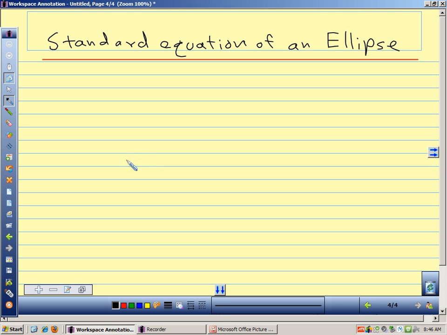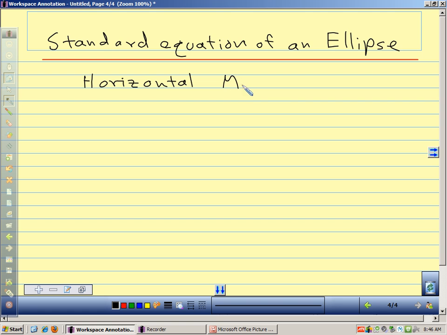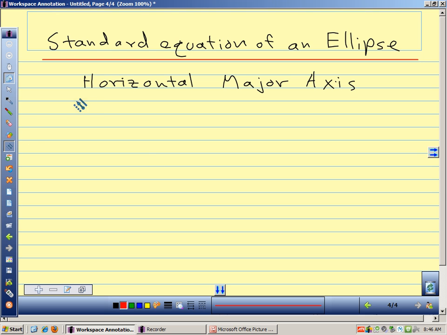We'll talk about a horizontal major axis and a vertical major axis. So for this first one, we're going to say that we have a horizontal major axis. So this would be our ellipse like we drew before, where we have an oval stretched in the x direction. So when we have a horizontal major axis, there are a couple of things that are always true.